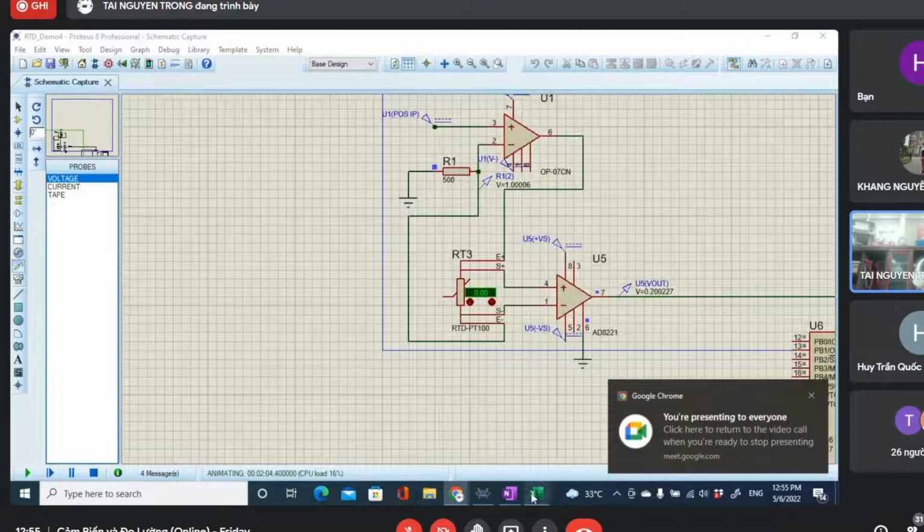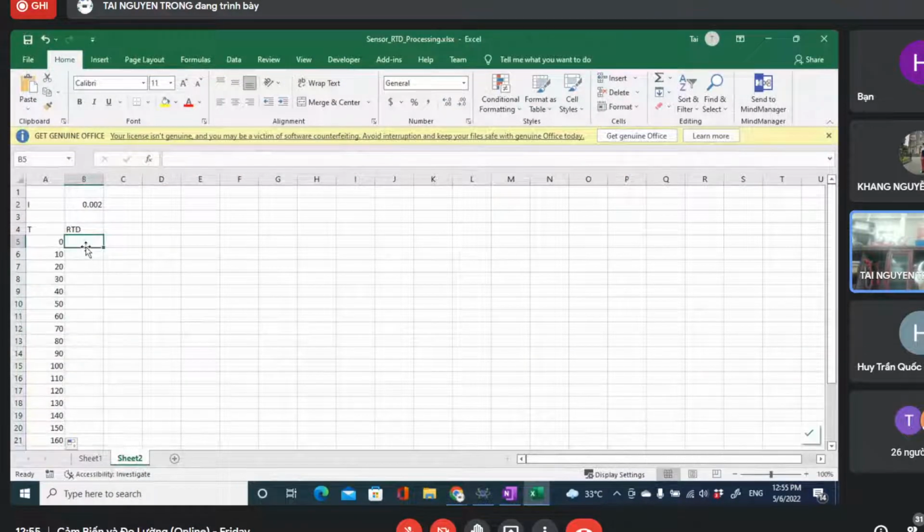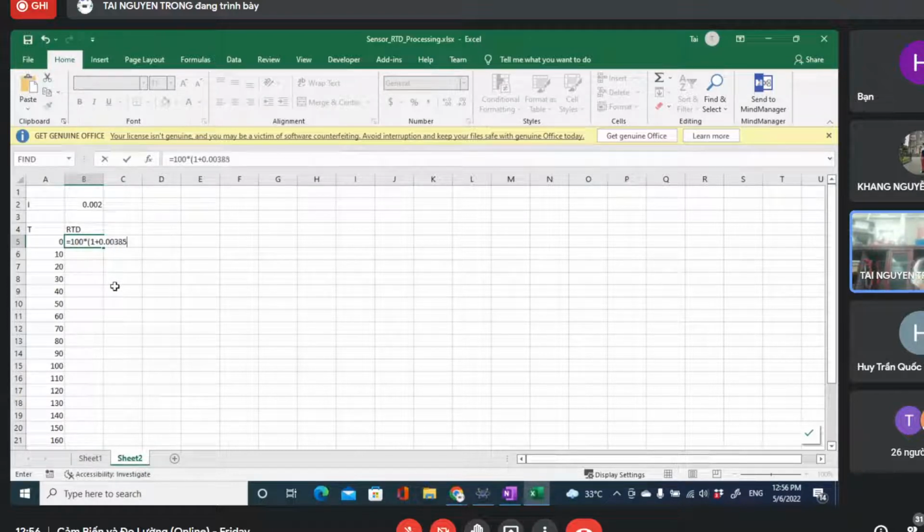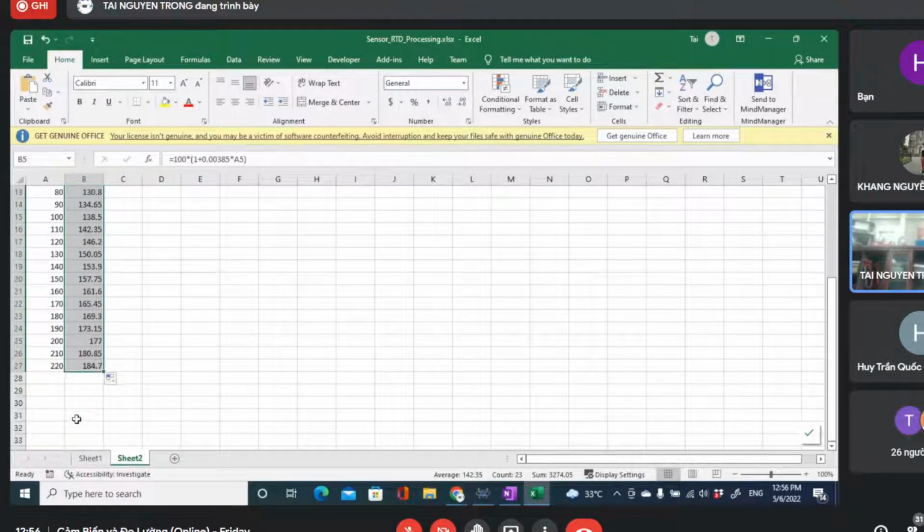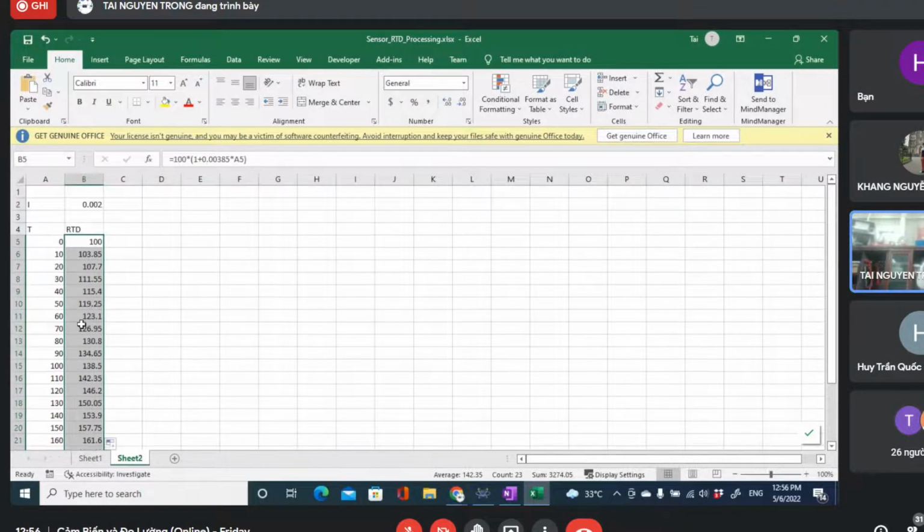Okay, and then the value of RTD will be equal to 100 multiplied by 1 plus 0.00385 multiplied by T. Okay, and this value is the value of the resistor, or the value of RTD.